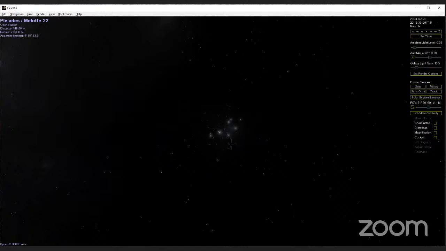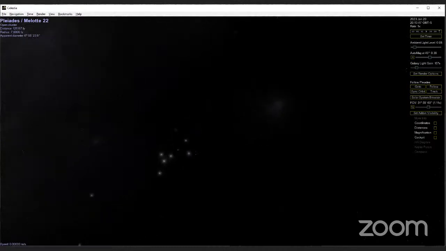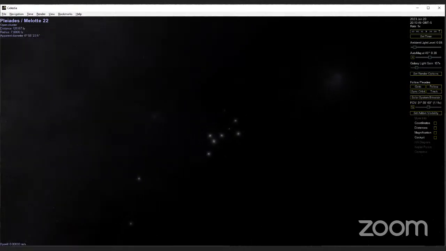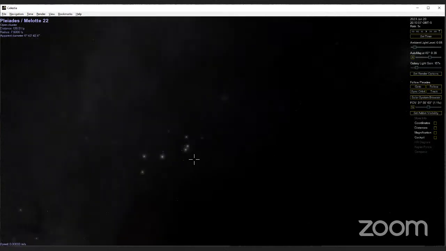If we were to view this from a different vantage point, the pattern vanishes. It takes on a completely different pattern. Now, you'd have to be way out in space to see a difference because, again, they're very far away. 450 light years is not close.